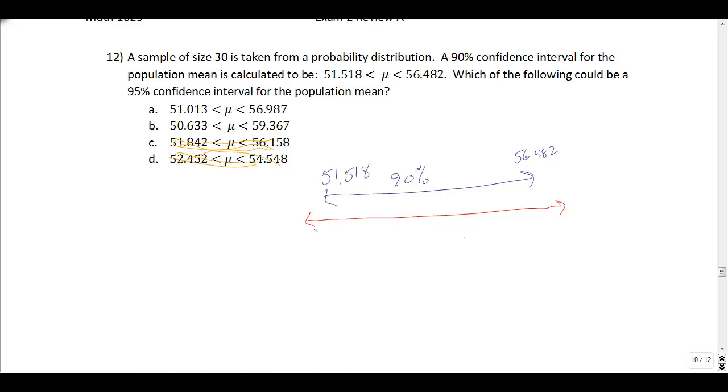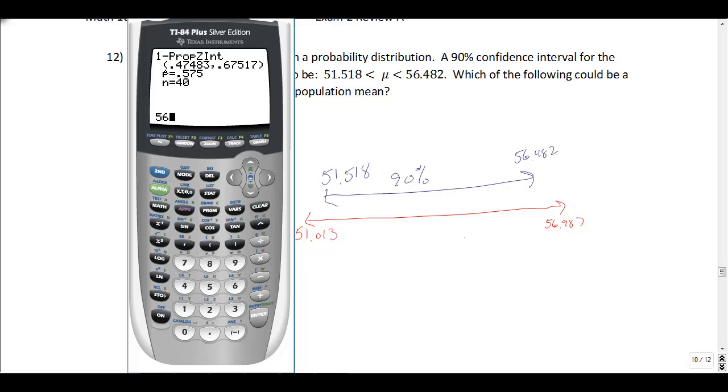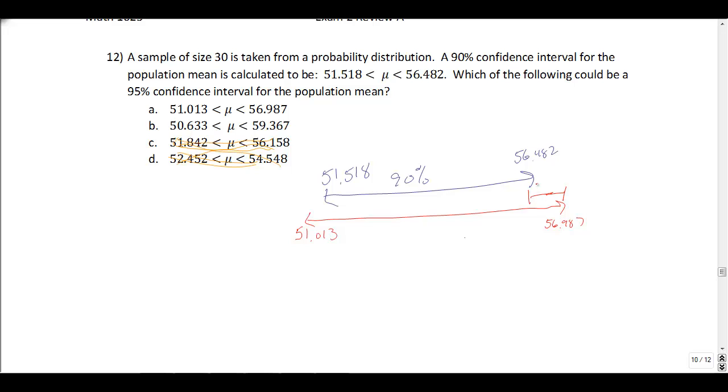The first one is 51.013 and 56.987. The amount that this grew by is 56.987 minus 56.482, which is 0.505. So this distance here is 0.505.